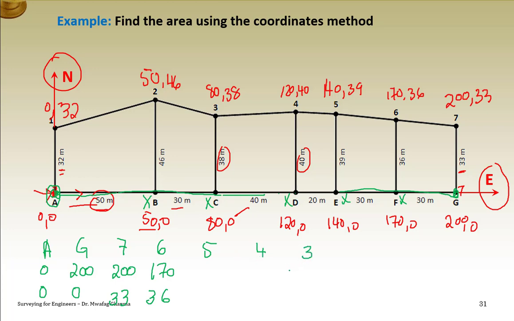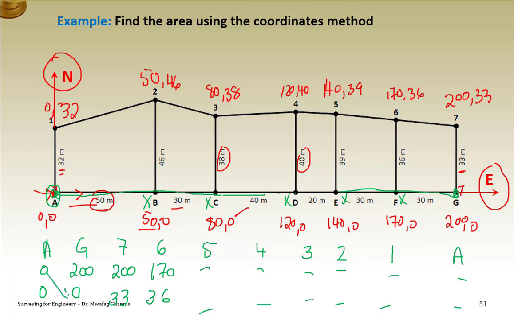These points 6, 5, 4, 3, 2, 1 are not on a straight line, so we have to take all of them: point 3, point 2, point 1, and we have to close back to point A. After we fill in all the coordinates, easting and northing, starting from A and coming back to A, we have the figure.